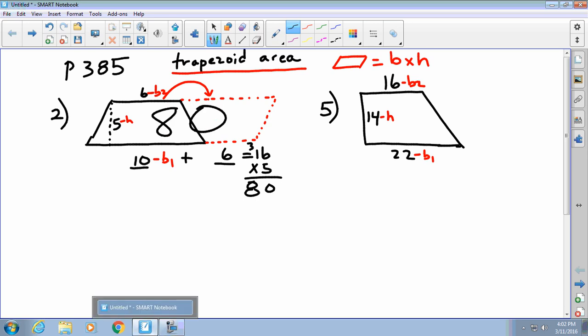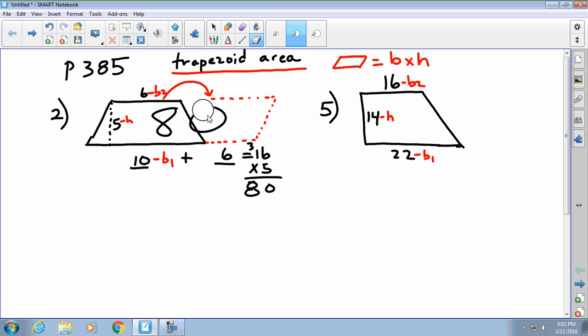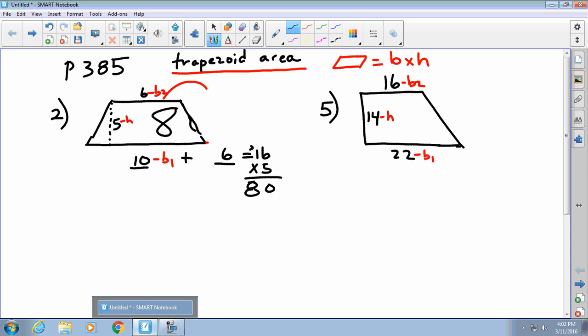Now, we're not technically interested in the entire parallelogram. We are trying to find the area of the trapezoid. So we're not interested in this piece here. This is just to kind of help us figure out what to do. But we are interested in this trapezoid. Now, if we know this entire thing is 80, what we have to do to 80 is we simply have to take 80 and divide it by 2.